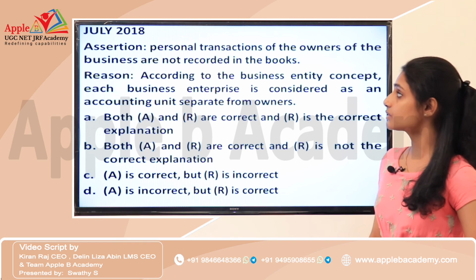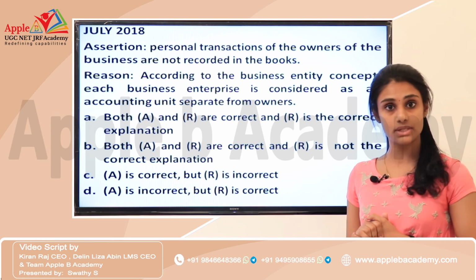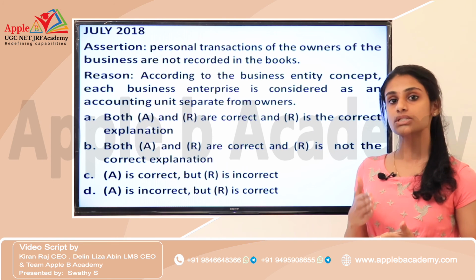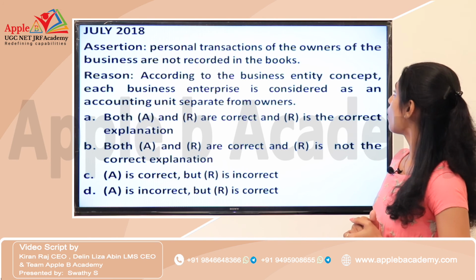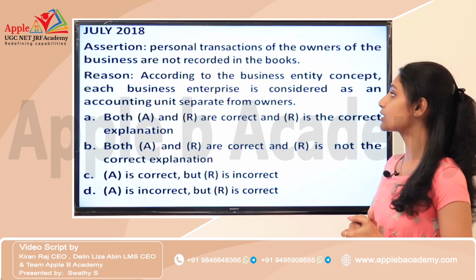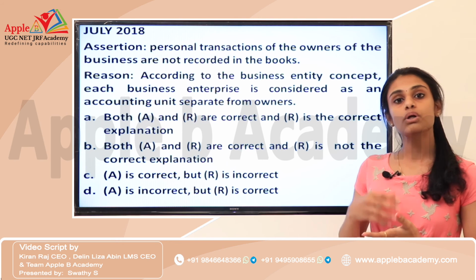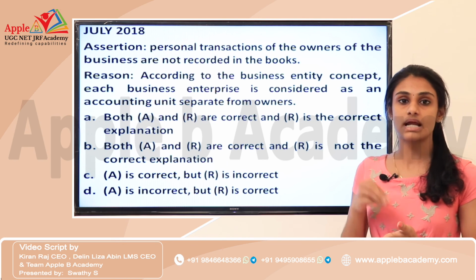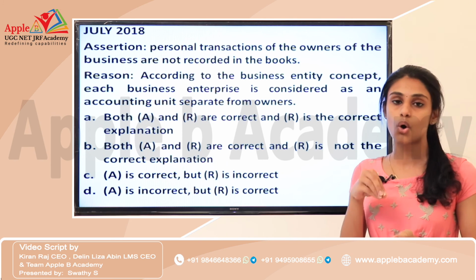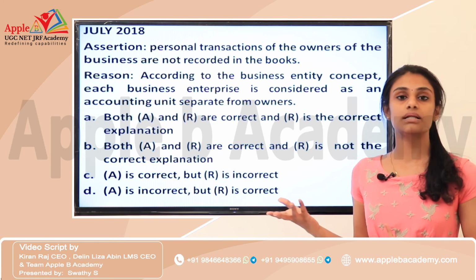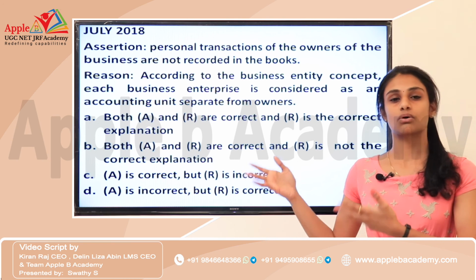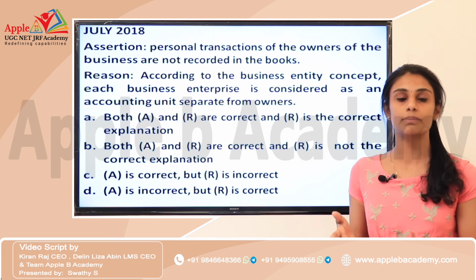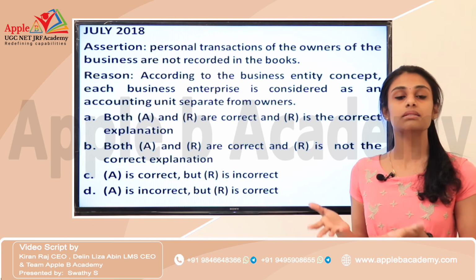Now the other question was asked in July 2018, and it was an assertion reasoning question. Assertion: personal transactions of the owner of the business are not recorded in the books. What are personal transactions? The transactions related to that particular owner, such as buying a washing machine or things he needs for household purposes. They should not find a place in the accounts.